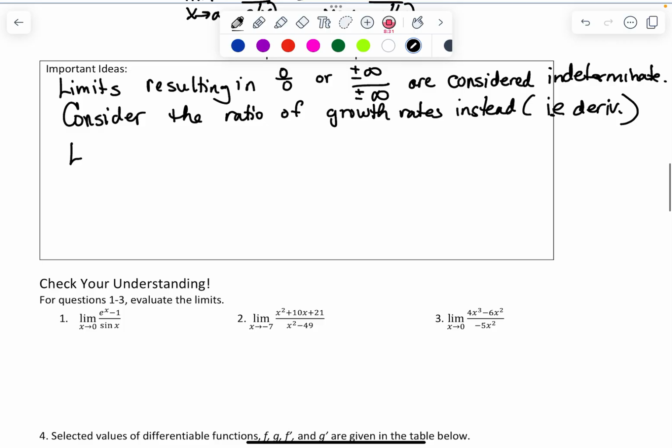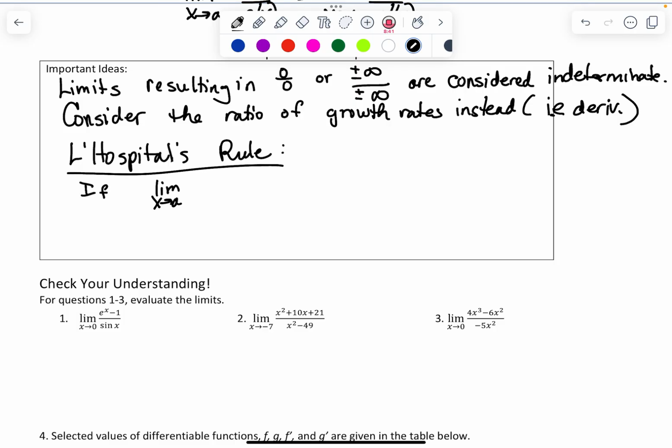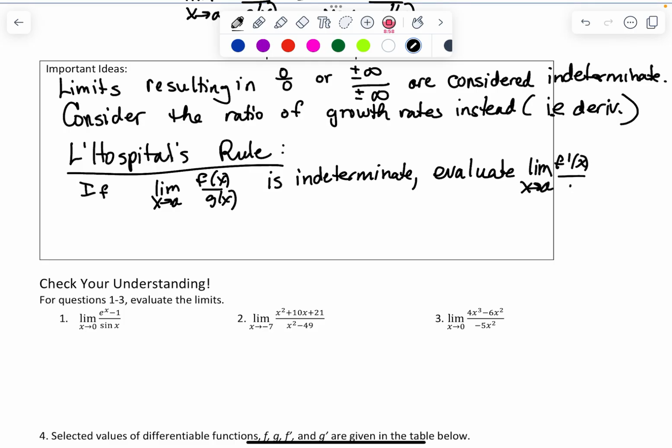All right, so here's L'Hôpital's rule. If the limit as x approaches a of f of x over g of x is indeterminate, you then evaluate the limit as x approaches a of f prime of x over g prime of x.